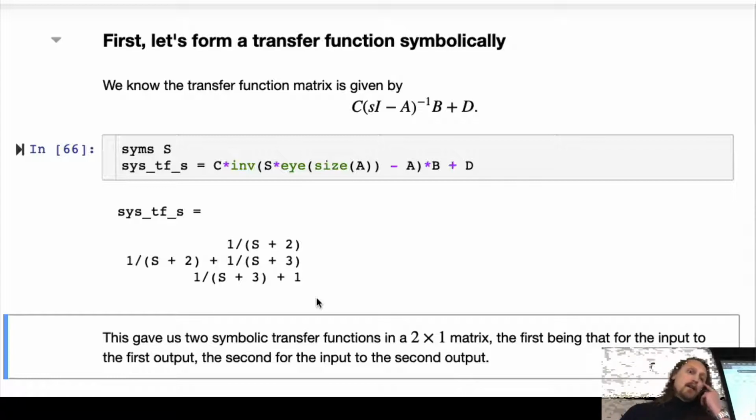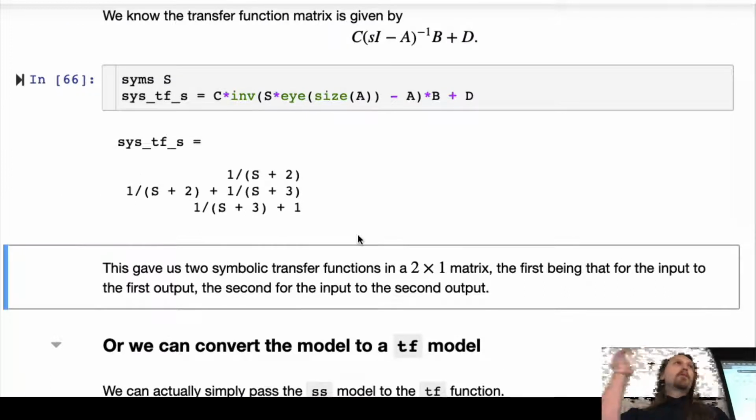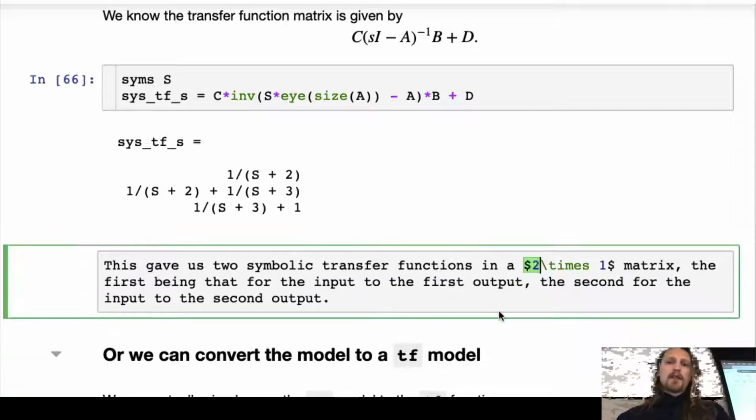Now, if we had 2 inputs, we would have a 3 by 2 matrix here, which would be input 1 to output 1, input 2 to output 2, input 1 to output 2, etc. So if you're just looking for the transfer function symbolically, this is an easy way to do that. Whoops, it's a 3 by 1 matrix.